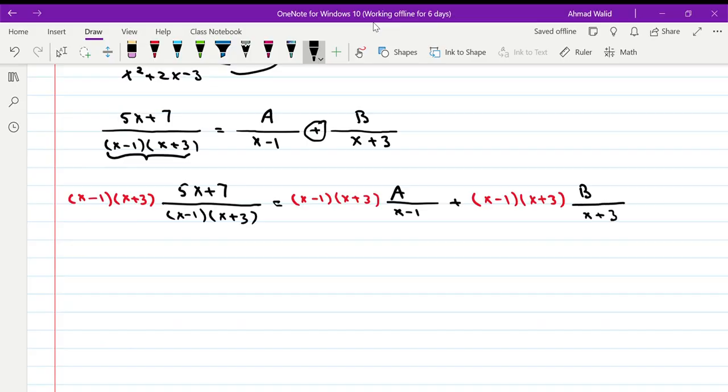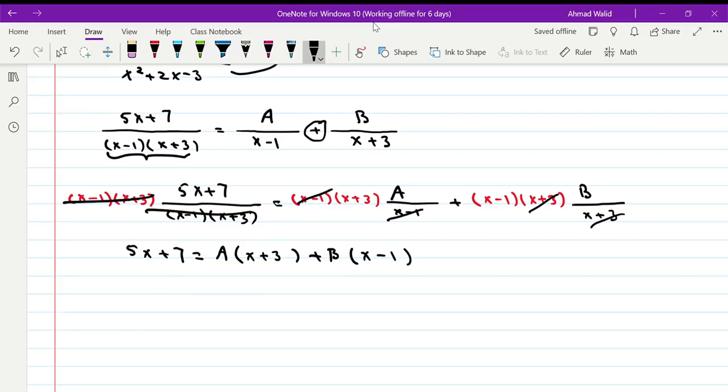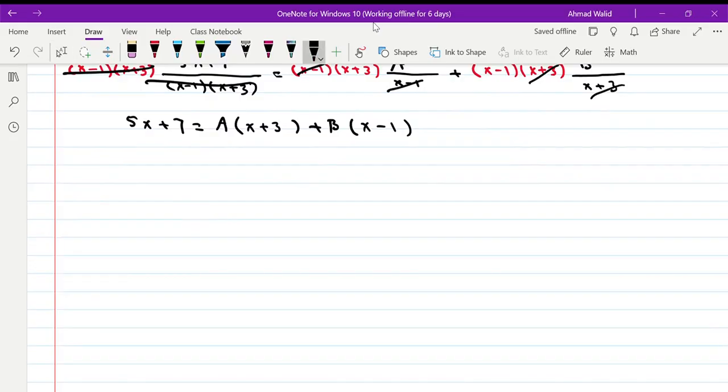Step 3, simplify. These two cancel out. 5x plus 7 equals, here x minus 1 cancels out with x minus 1. What is left? A times x plus 3, plus, here x plus 3 cancels out with x plus 3. What is left? B times x minus 1. Distribute A and B to the parentheses.